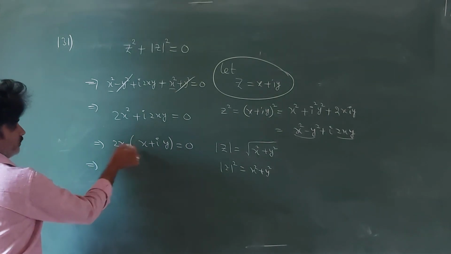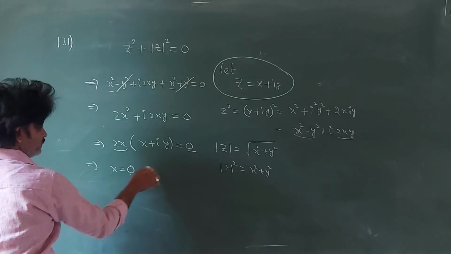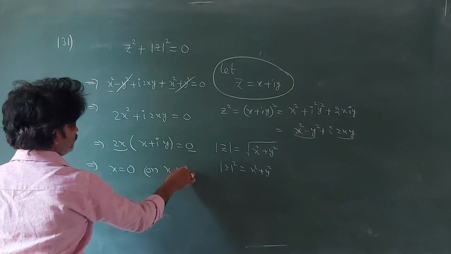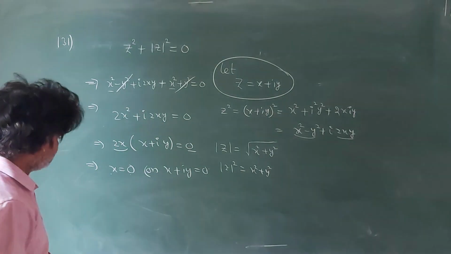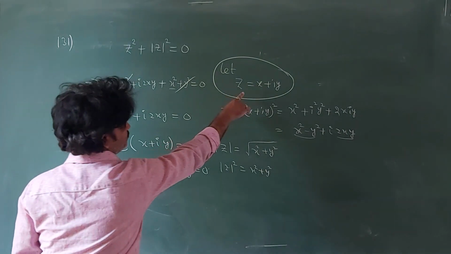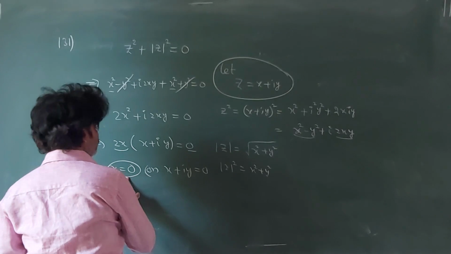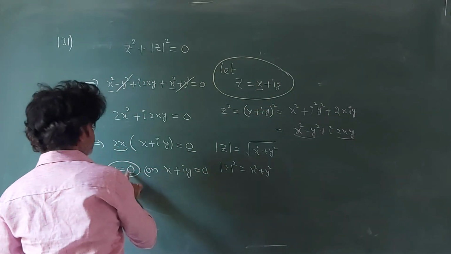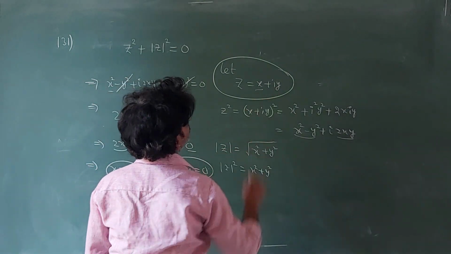Then we separate here, 2x equal to 0 means x equal to 0, or x plus iy equal to 0. I took z as any complex number such that x plus iy. So what is the condition I got? Its real part is 0 or the entire complex number is also 0.